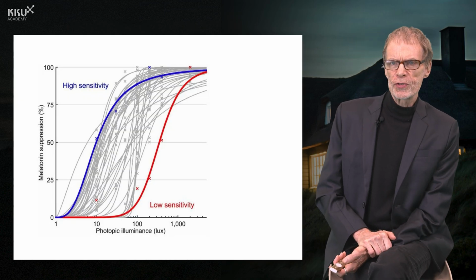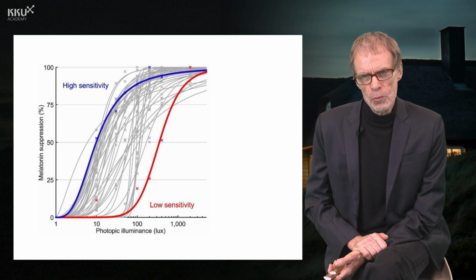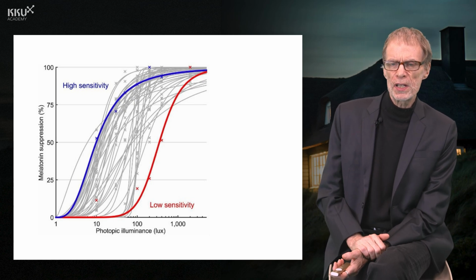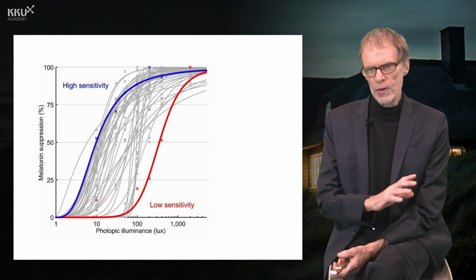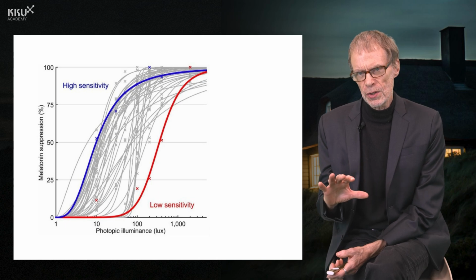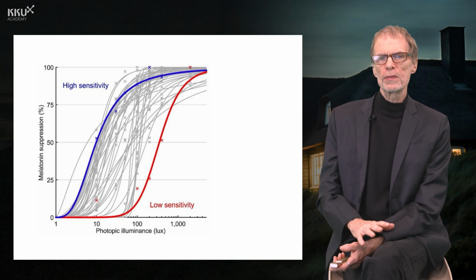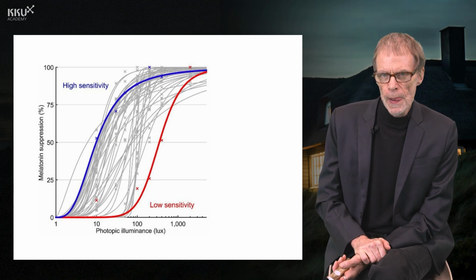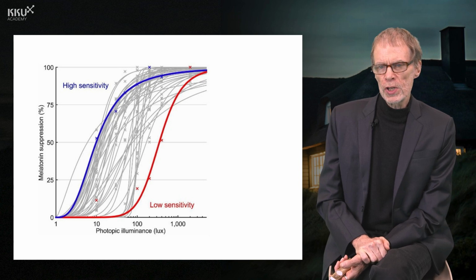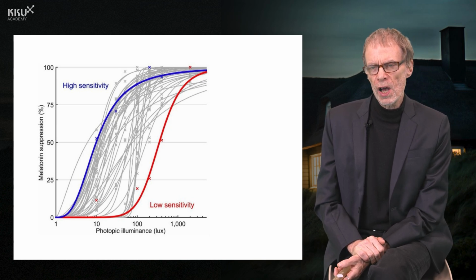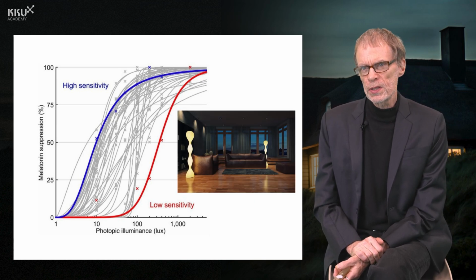This is actually a graph showing melatonin suppression, and what the scientists did in this study was that they looked at a number of different light intensities in the home, and they looked at relative levels of melatonin suppression. And essentially what we're showing here is that low levels of light can actually be quite suppressive.